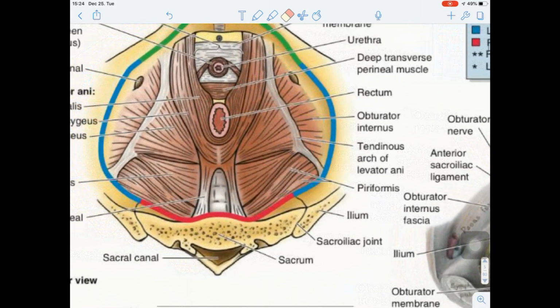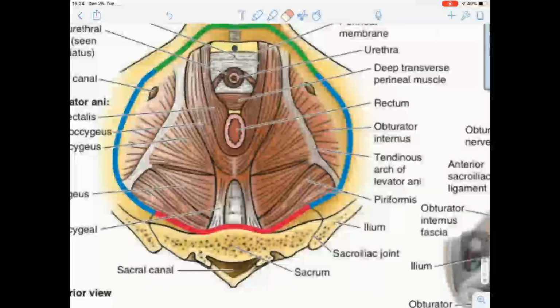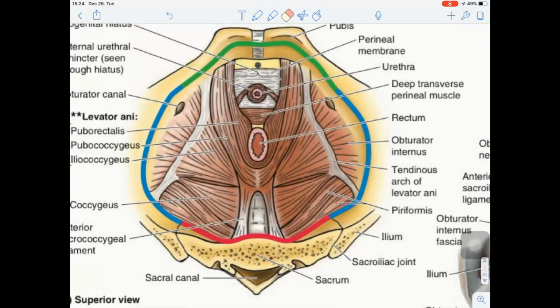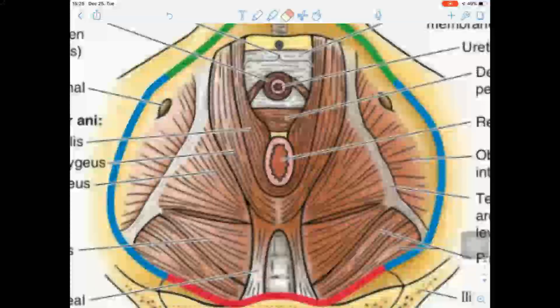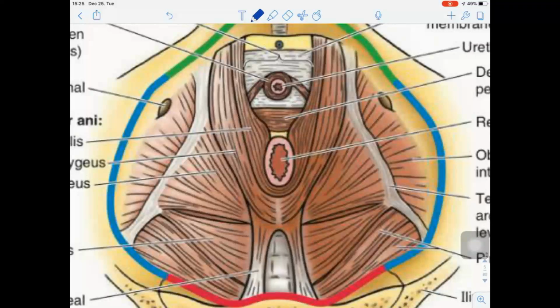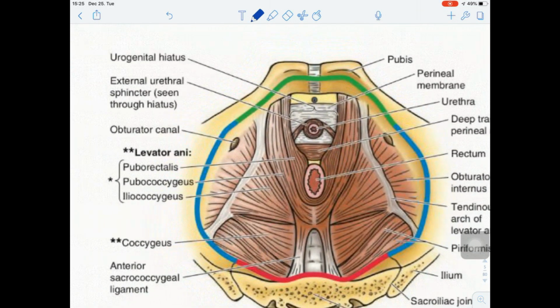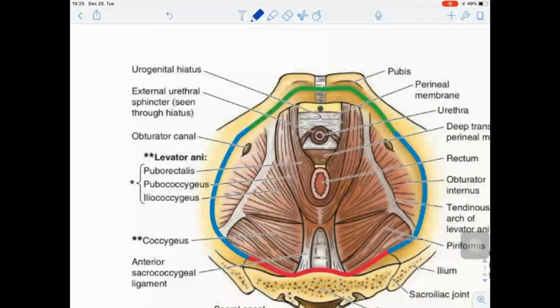The next thing is the pelvic floor. The pelvic floor is formed by a muscle called the levator ani muscle, plus the coccygeus muscle, all right?